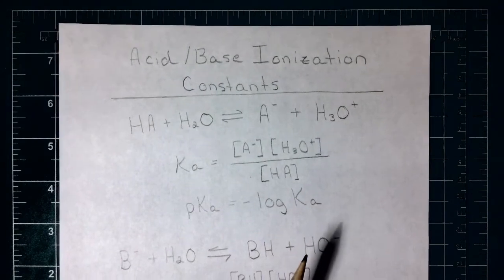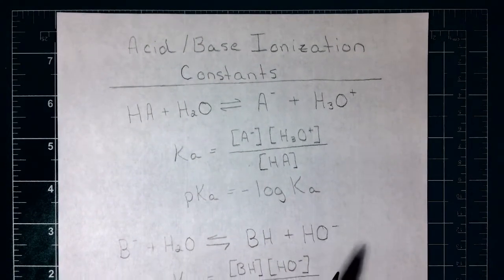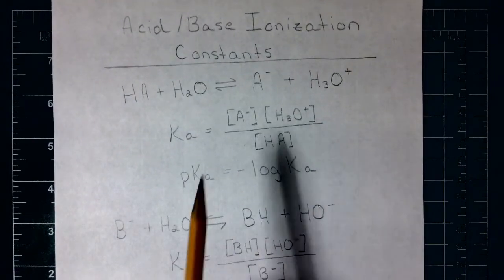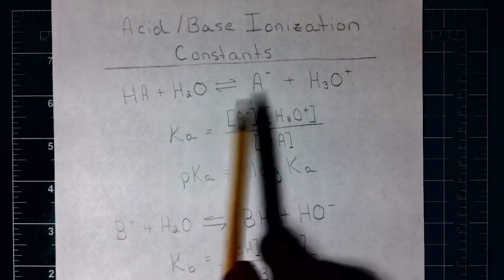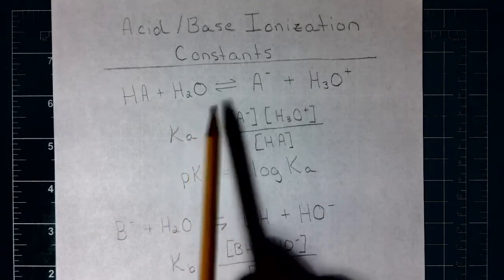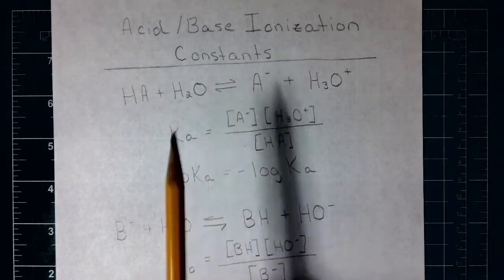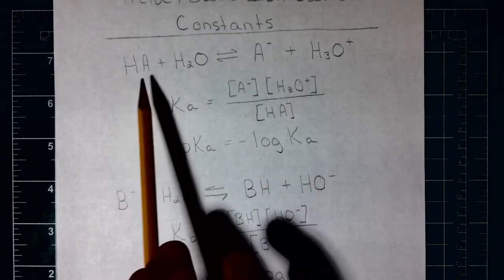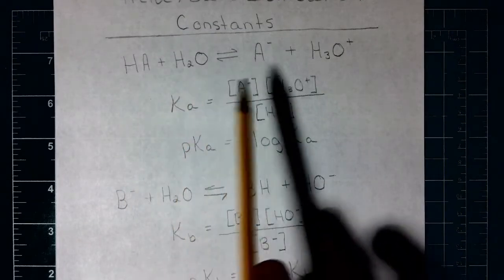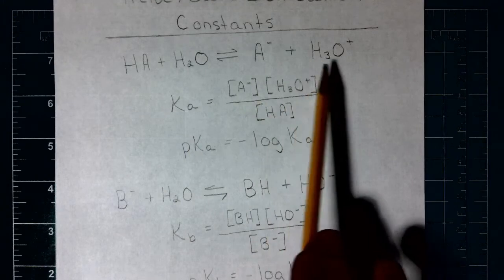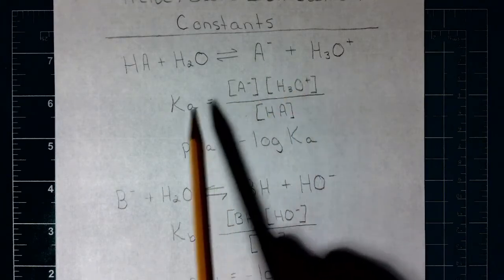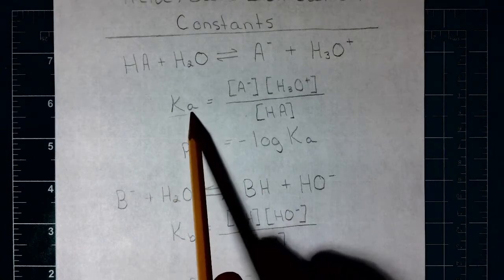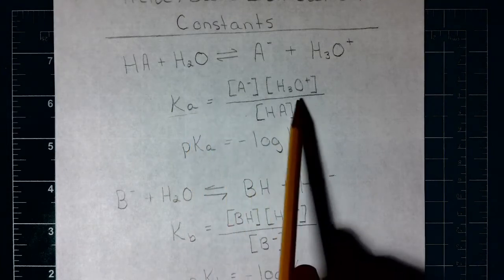The acid-base ionization reactions give us the language and the nomenclature that we need to talk about the ionization constants for an acid. So if I have some generic acid here, HA, it reacts with water. It produces a conjugate base plus a hydronium ion. I can write out an equilibrium constant for it. I'm going to indicate that it's for an acid by putting a little a there.